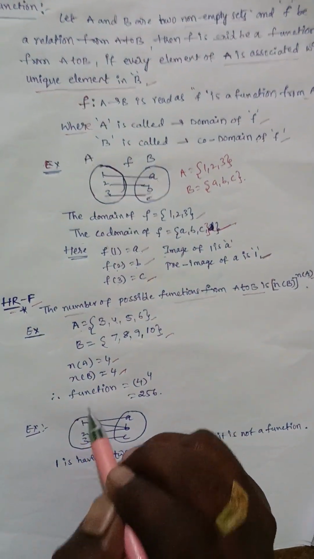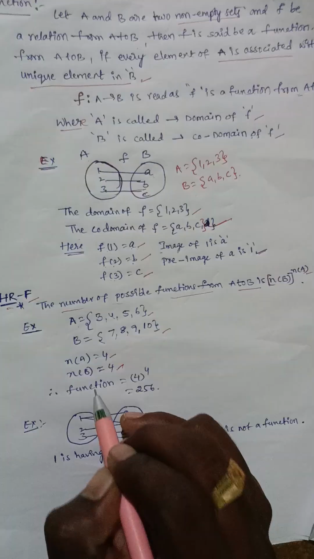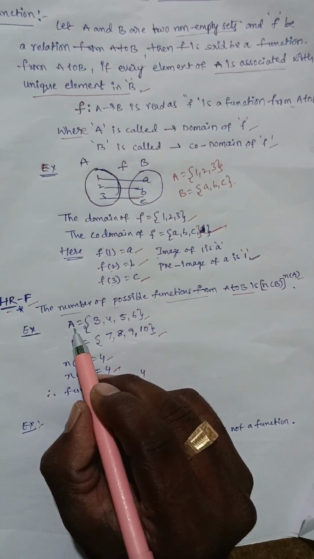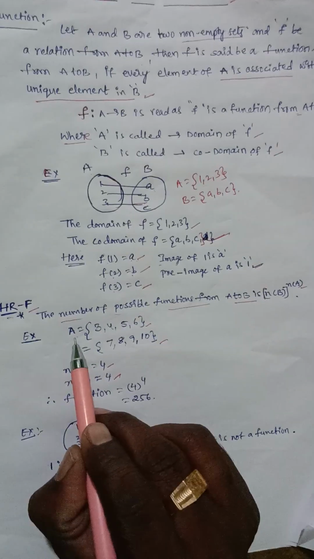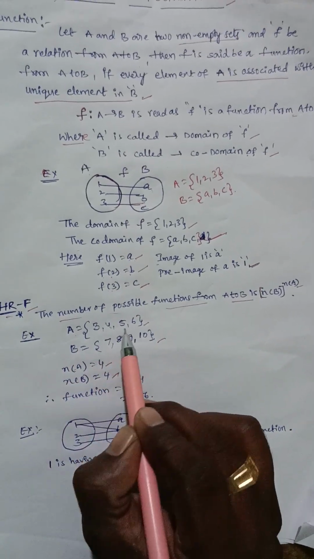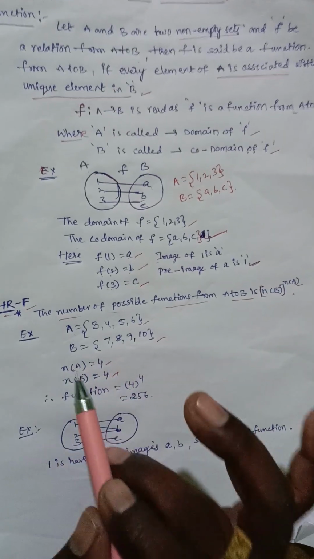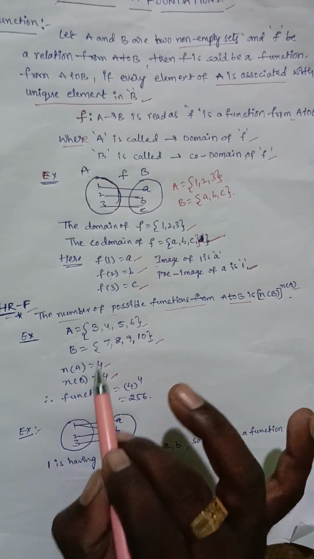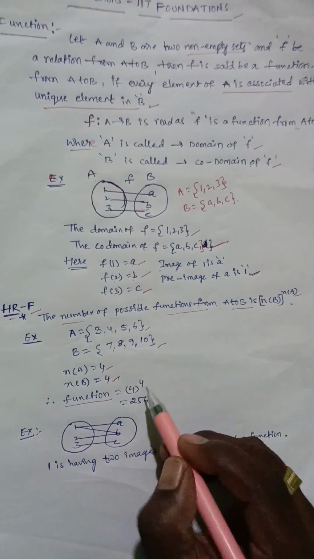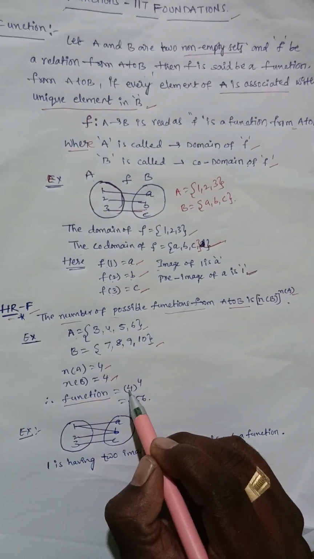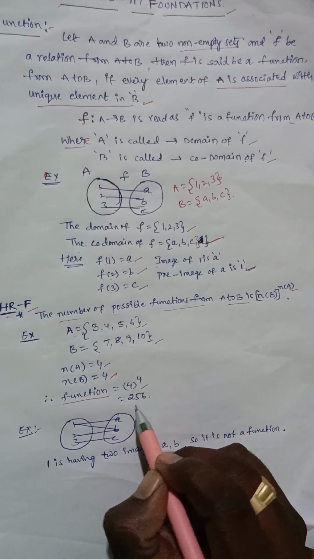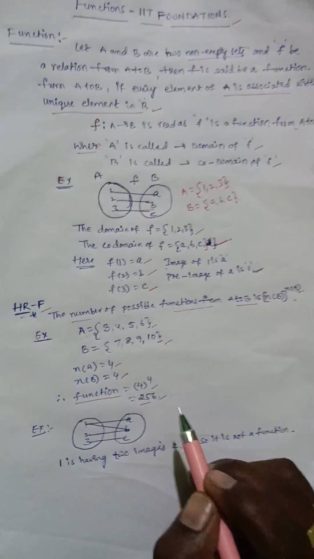Already you know how to find n of A and n of B: it is the cardinal number of the given set, that is, how many elements are in the given set. So the number of functions is n of B to the power n of A, 4 to the power 4, which is 256.